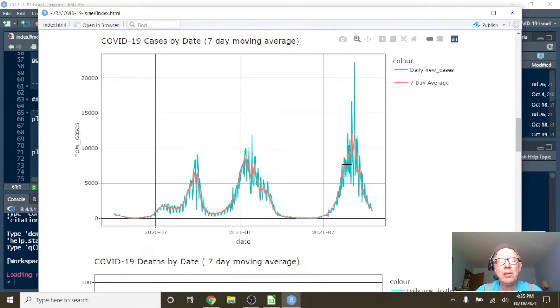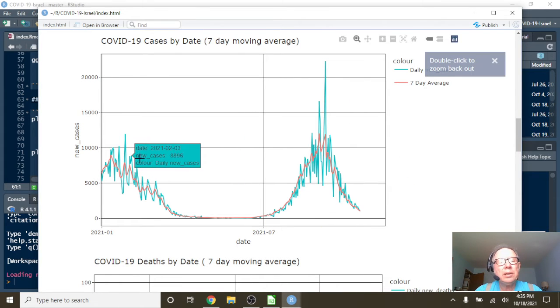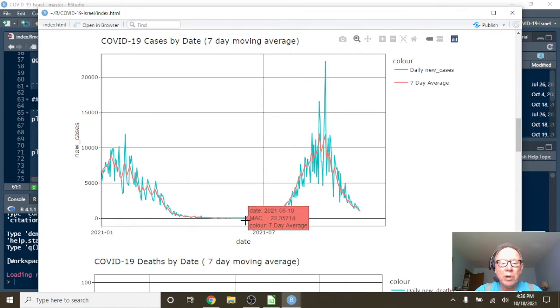So let's begin by taking a look at daily cases. You can see we had a spike back over here on January 27th at 11,934 cases. Then you had a big decline beginning about March and going all the way over to almost June of double and single digit cases per day.